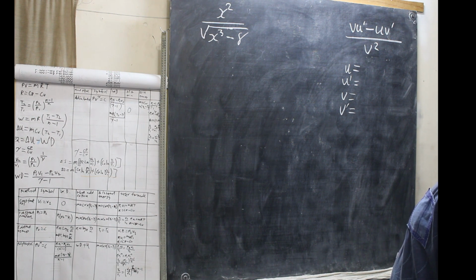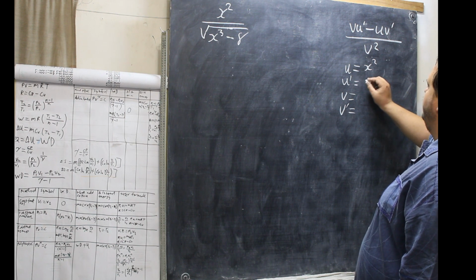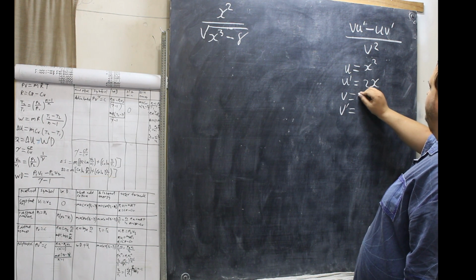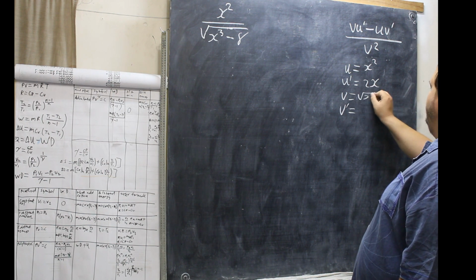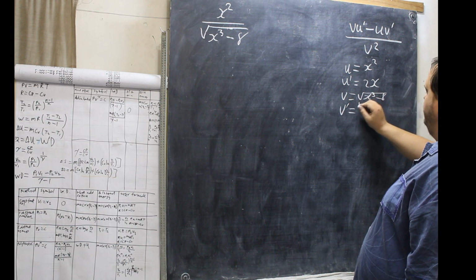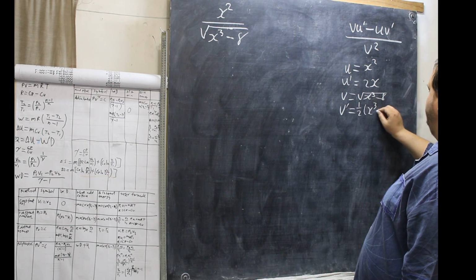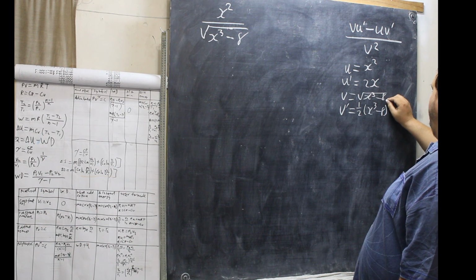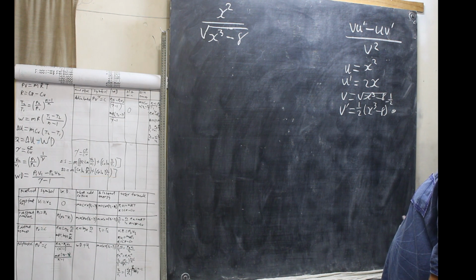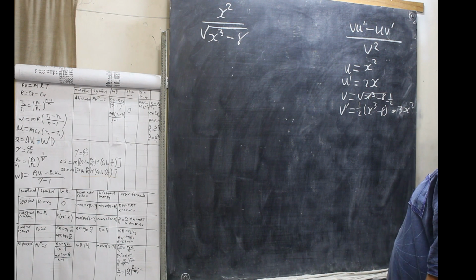So, now u is x squared, u prime is 2x, v is the root of x cubed minus 8, and that is half times x cubed minus 8 to the minus half times, because we have to use the chain rule here, 3x squared.